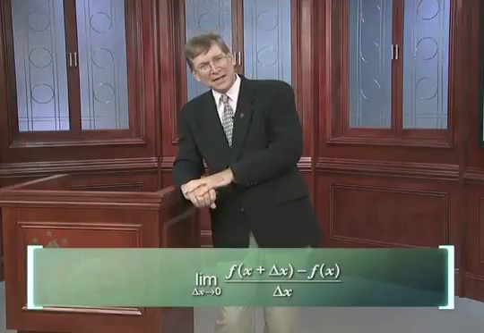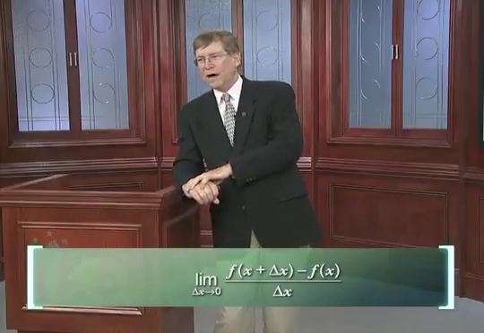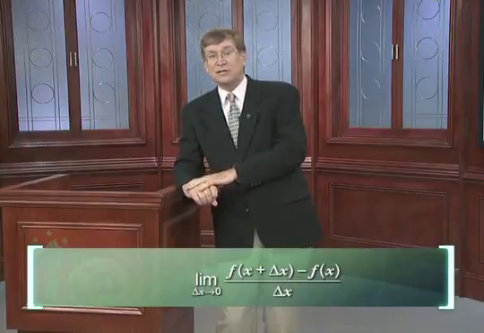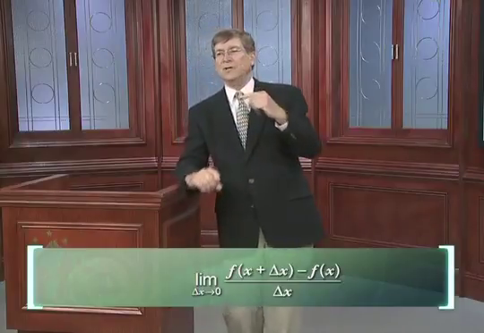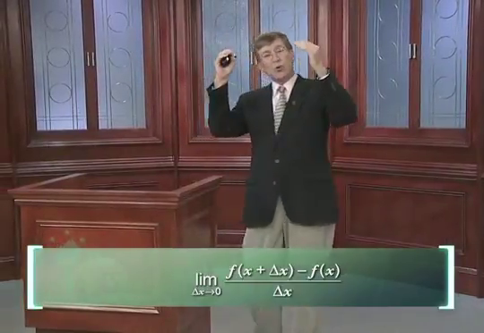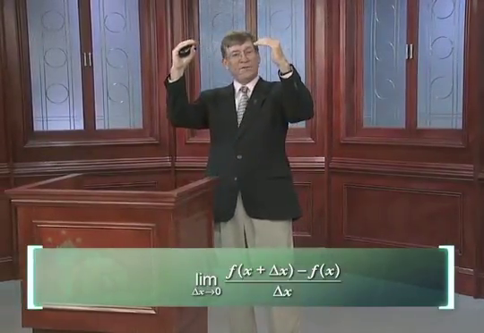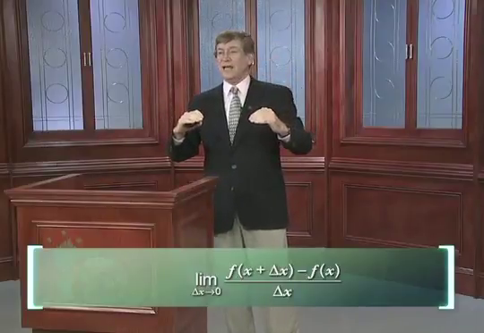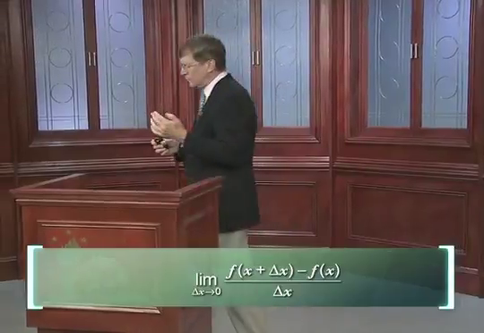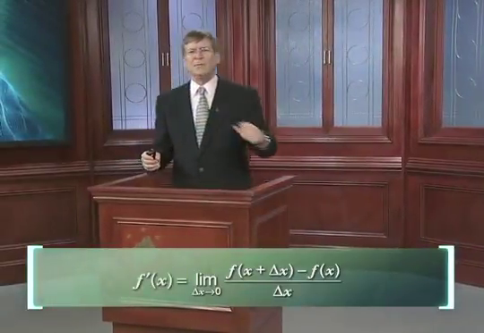Limit as delta x approaches 0 of the following quotient. In the numerator, it's f of x plus delta x minus f of x, and the denominator is delta x. Think of this as being your quotient of difference of y values divided by difference of x values. And the most common notation for derivative, or one of the most common notations, is f prime of x.